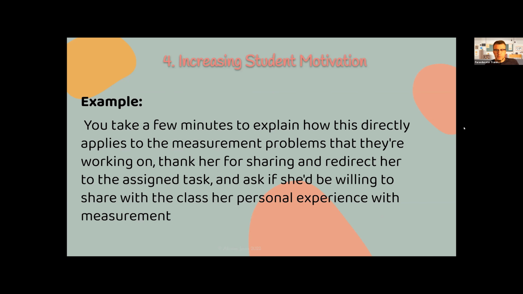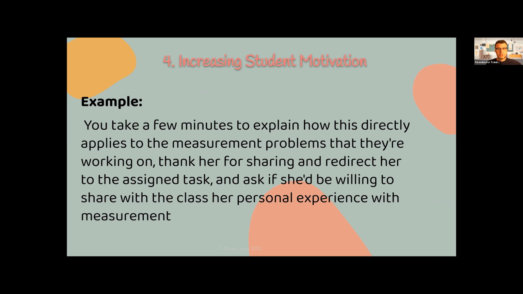So you take a few minutes to explain how the activity you're working on directly applies to the measurement problems that they're working on. Thank her for sharing and redirect her to the assigned task and ask if she'd be willing to share with the class her personal experience with measurement. What a way to turn it around.